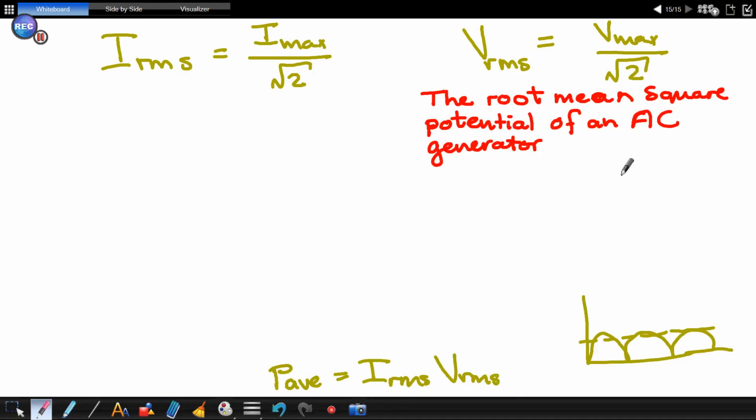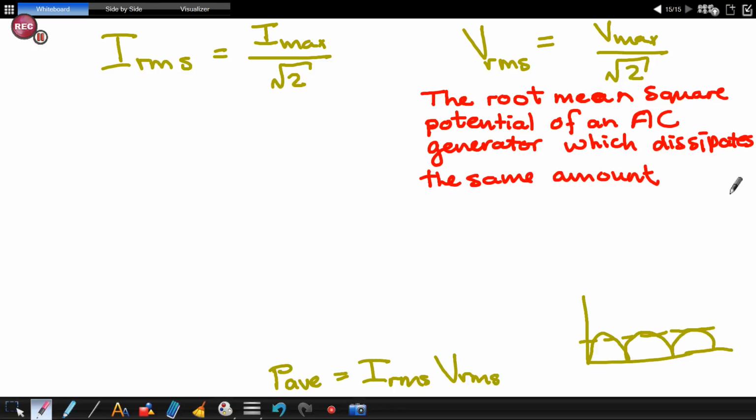The RMS potential difference is the AC potential difference which dissipates the same amount of energy as an equivalent DC potential difference.